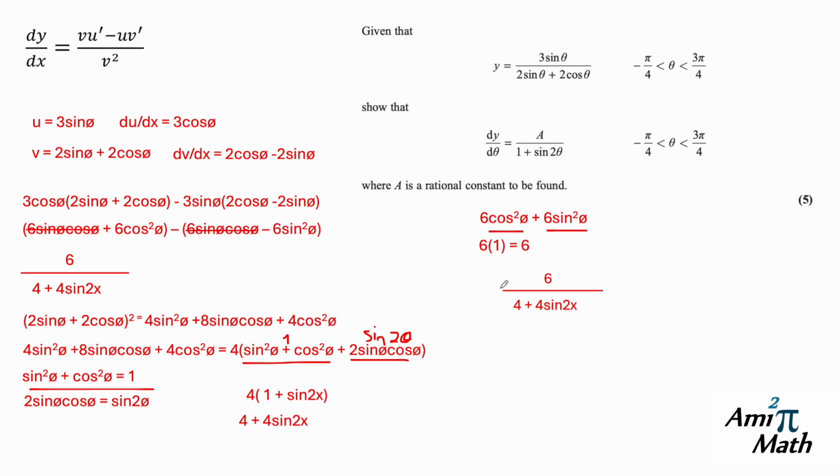This is nearly our final answer, but we want it in 1 plus sine 2 theta, so we need to take out the 4, so we divide by 4 on the numerator and denominator, and that will give you 3 over 2 over 1 plus sine 2 theta.